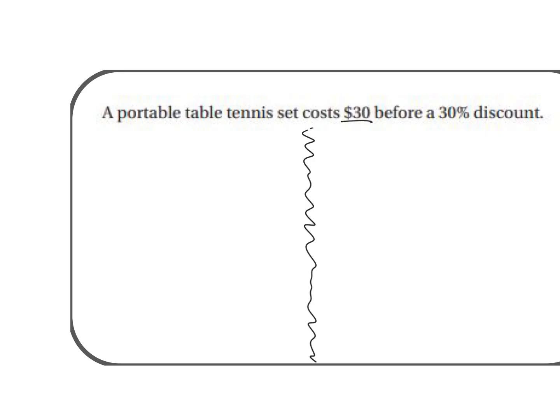So originally it cost 30 bucks. I have a 30% discount, so I can apply that towards this price. I don't know my sale price. 30 refers to my original price. And in method 1, we left the percentage alone. Right? So I got something that looks like this.